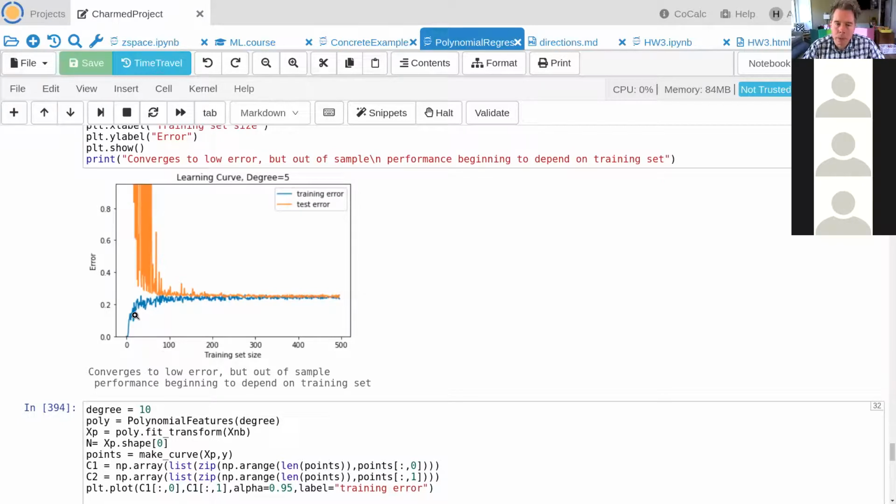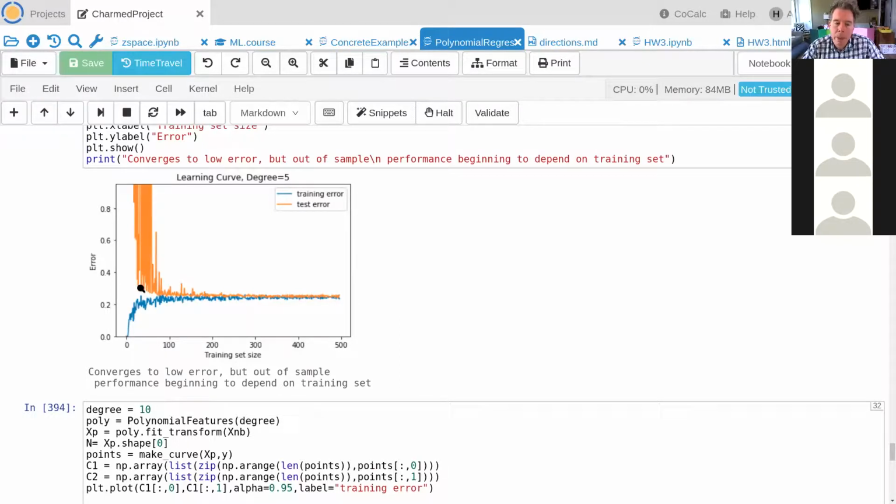That's the variance, right? Yeah, so variance is sensitive dependence on exactly which training set you get. For some training sets, you're getting a curve that gives you very high test error, and other times you're getting a model that gives you very low test error.